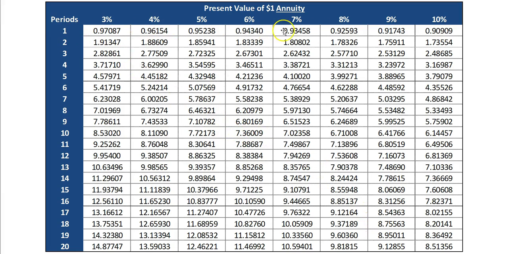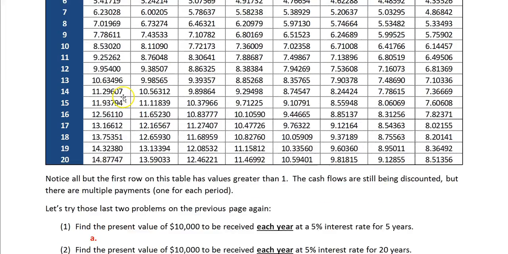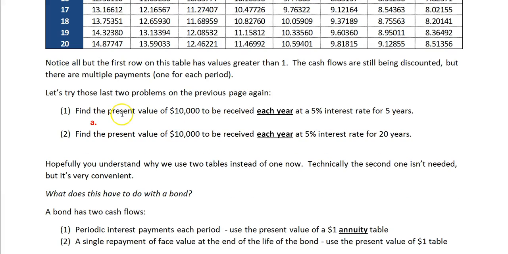The first row isn't going to be larger than 1 because it's a single payment, which technically isn't an annuity, but it's still listed here to be complete. But every other number is larger than 1, not because we're not still discounting it, we're still discounting the future cash flows. It's just there's more than 1 of them. So then notice this number is a little bit less than 2 because it's being discounted a little bit, but the numbers can be greater than 1.